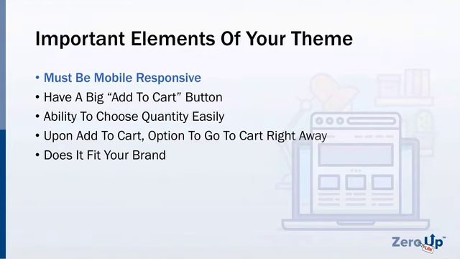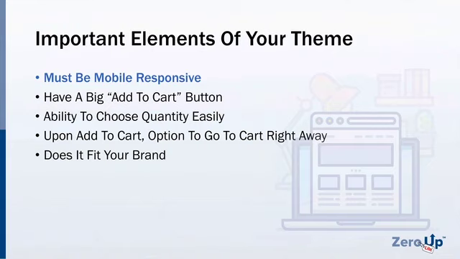Number three, you want your theme to give the ability to choose quantity easily. Don't have those small plus signs in there. Look for the bigger, more prominent ones, because the more prominent it is, the higher the chance that the person will buy more than one piece of your products. And if they buy more quantities, obviously you make more profit.